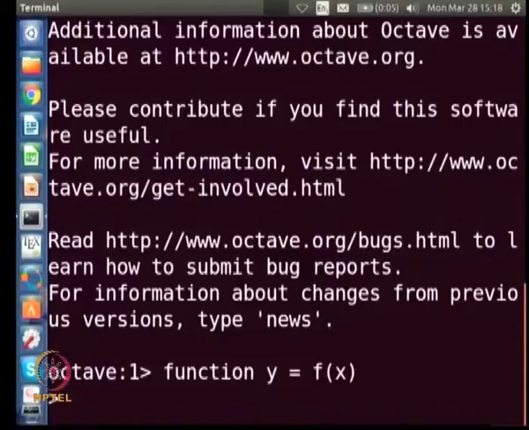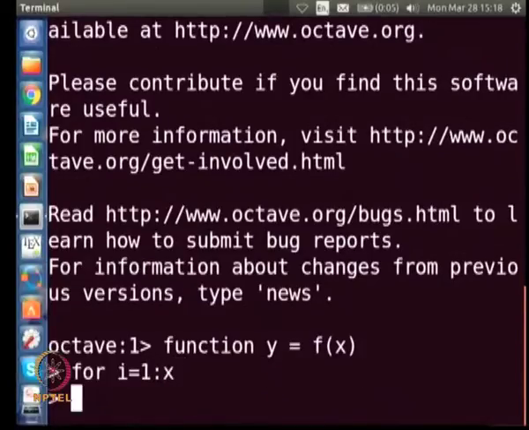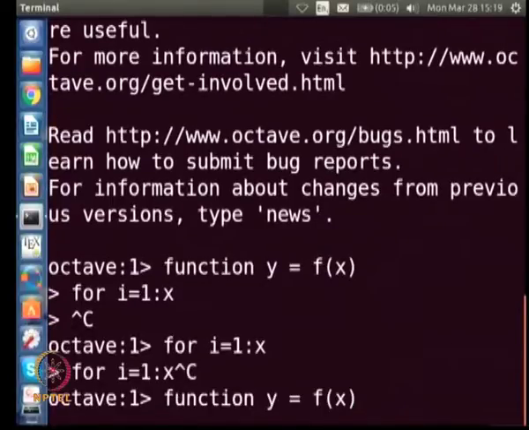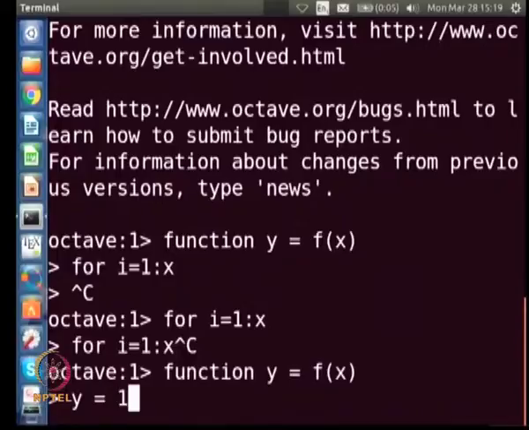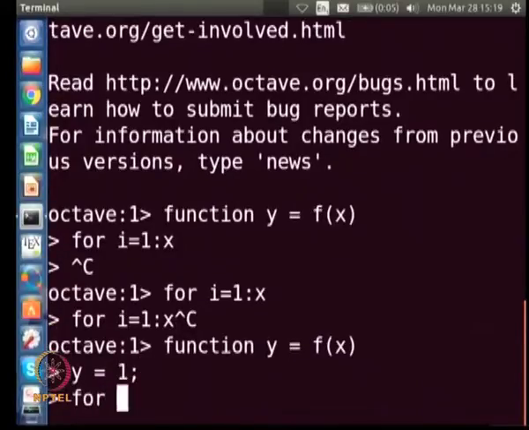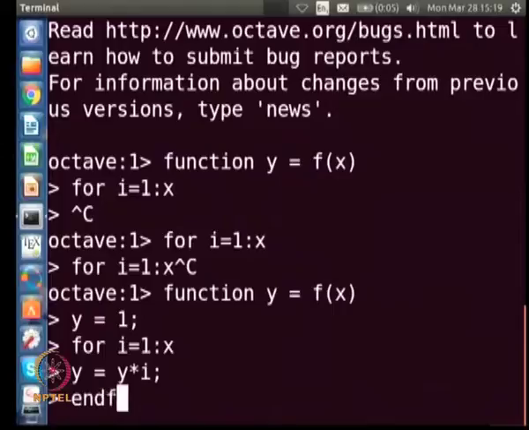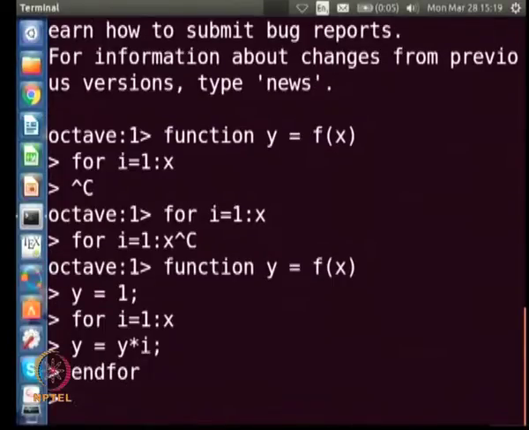Then if you give x, then for i equal to 1 to x, I first define y equal to 1, and then for i equal to 1 to x, y is equal to y into i, end for.